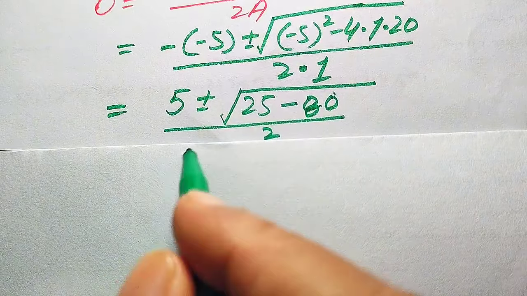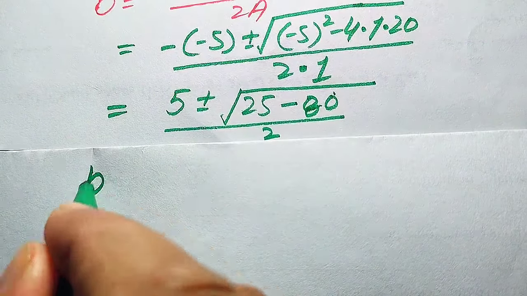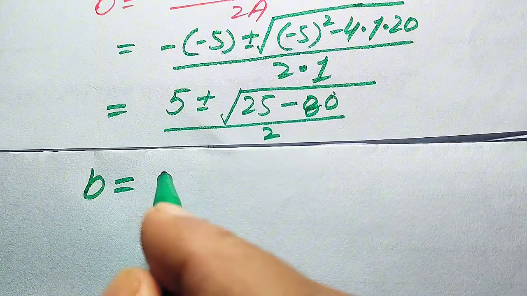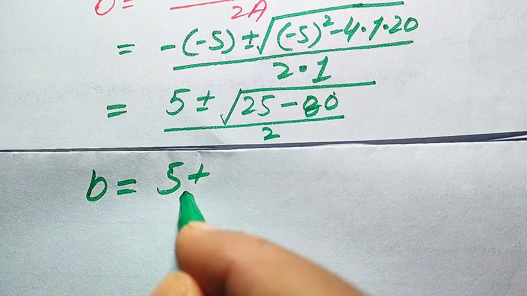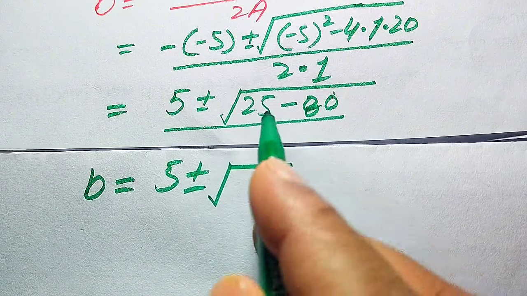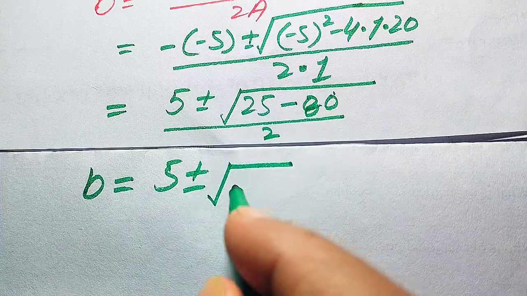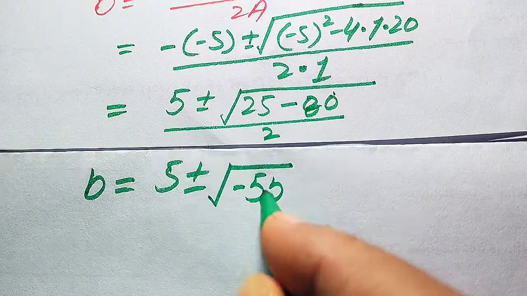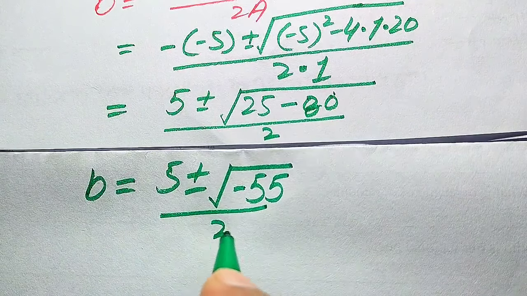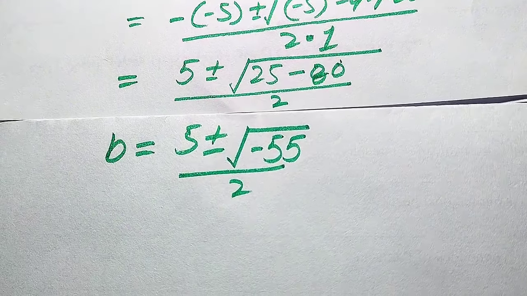So further in the next step we subtract these two values, and it will be written as b equals 5 plus minus square root of 25 minus 80, which becomes minus 55 under the square root, divided by 2.